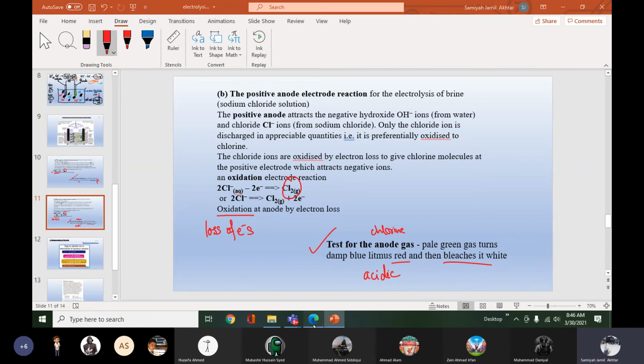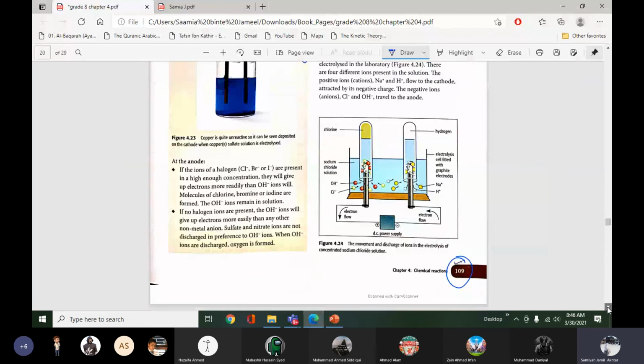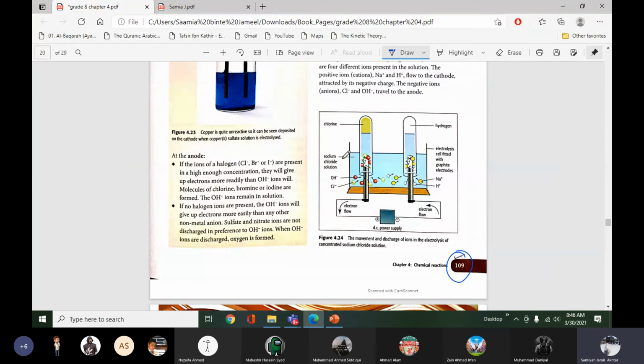This is a test for chlorine gas. See this picture in your book, page 109. This is the actual picture of how we do electrolysis of NaCl solution. Boys, remember that concentrated NaCl solution is also known as brine solution.